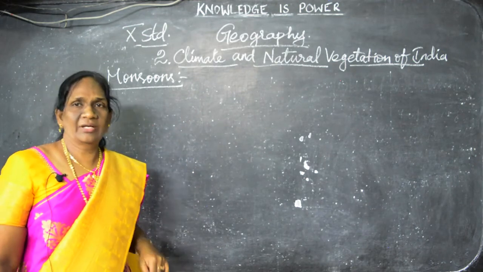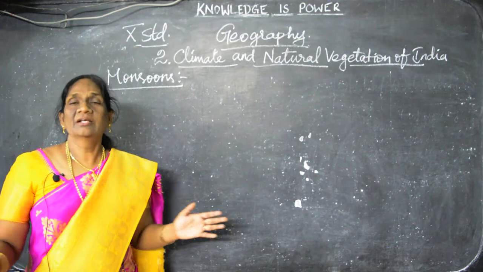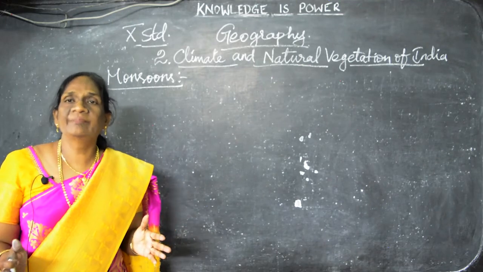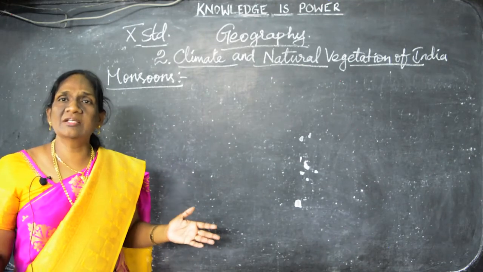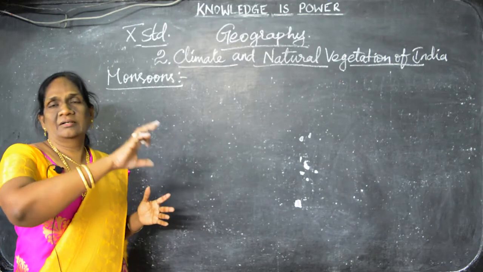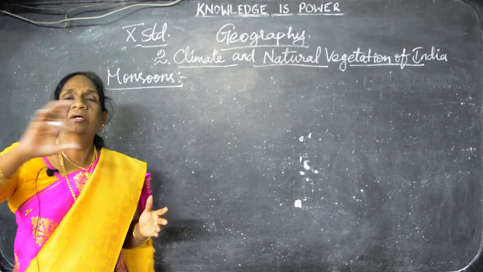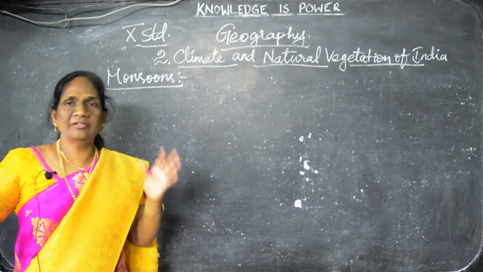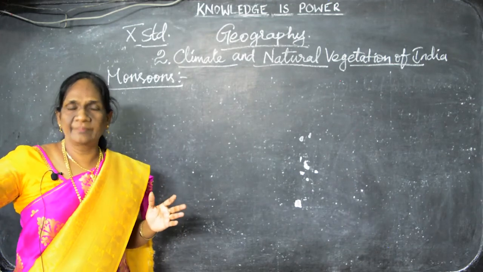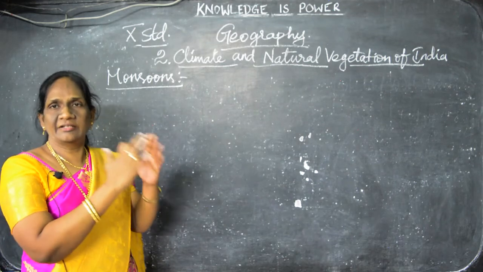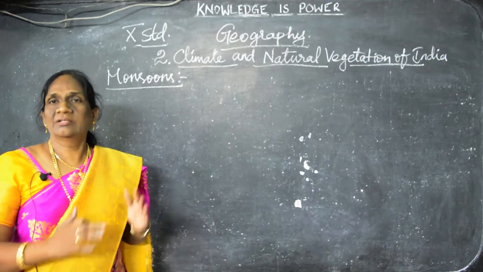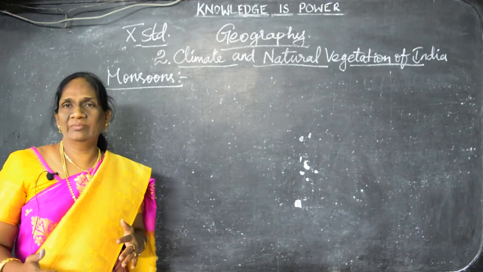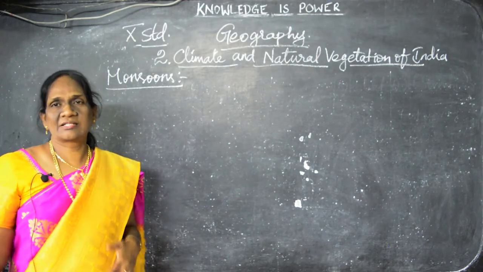Then only can you write the points and elaborate them. If they ask you what are the factors which affect the climate of India in a paragraph answer, you have to write that the climate of India is affected by these factors. What are the factors? Latitude, altitude, like that you have to write in a common introduction, and then one by one. First, latitude, second, altitude, third one, distance from sea, fourth one, monsoon winds, fifth one, relief, and sixth one, jet stream.